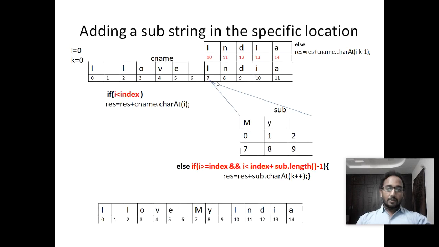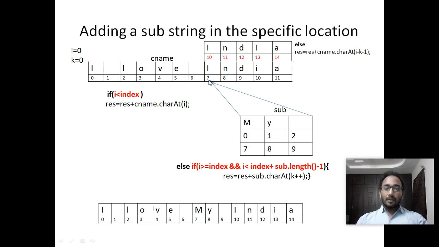Now the next problem is how we can add a new substring into the existing string. If we want to add a new substring into the existing string, we need to know which location we are going to add it at. That location we represent in the form of an index. If the string is I love India, I want to make it I love my India.